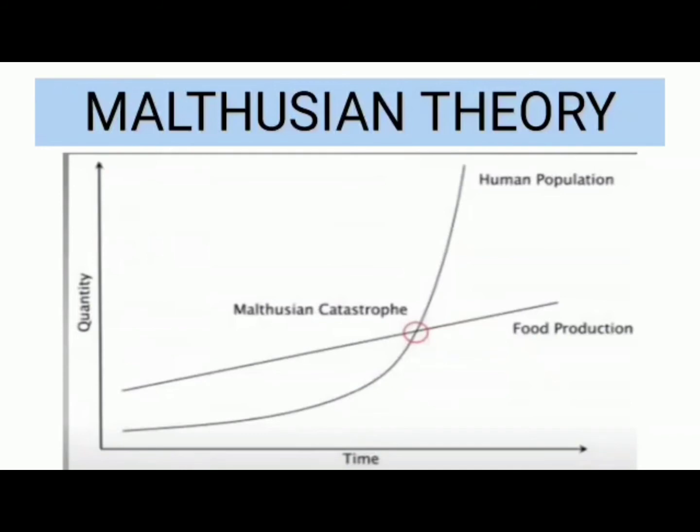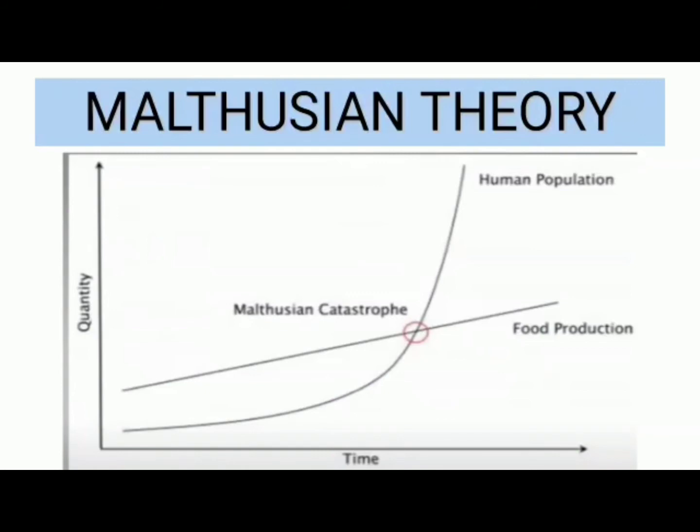Thomas Robert Malthus saw the transition from agriculture to industrial production, and increases in wage and living standards started increasing the population growth, while the decreasing number of labor and poor production of crops in the agricultural sector created a problem within food production.